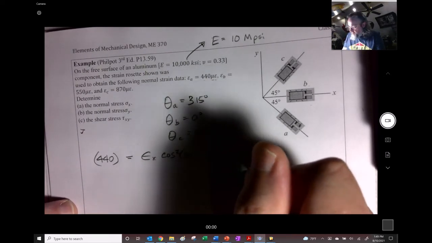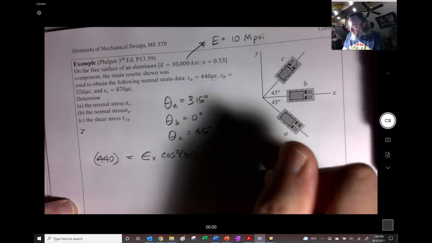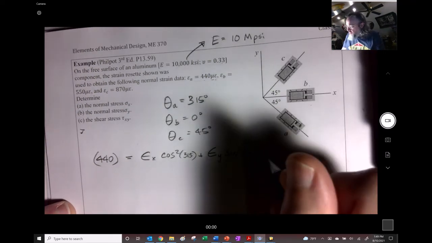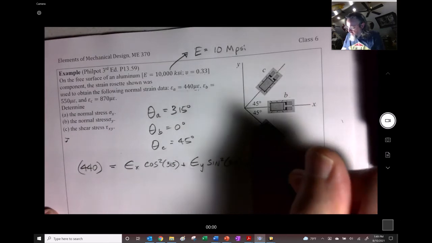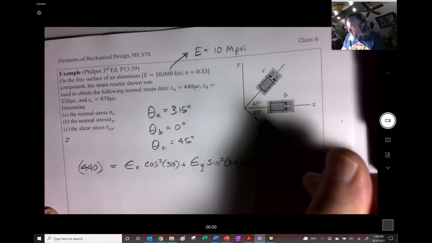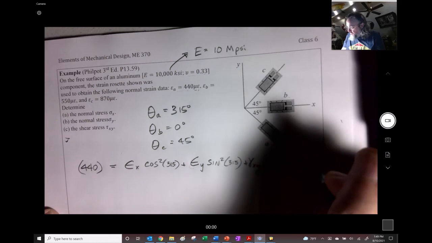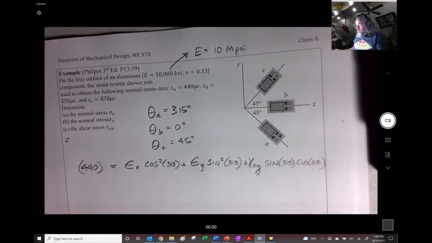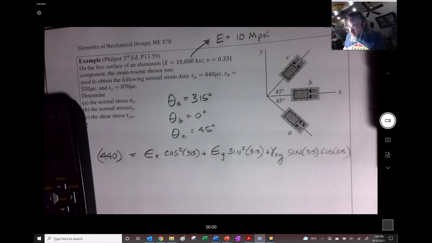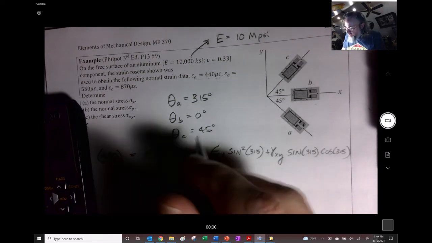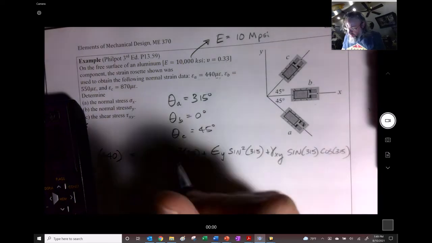Sine squared of 315. And I didn't leave a lot of room for this. Gamma xy, sine of 315, cosine of 315. And we could actually, let's see, 315 cosine squared is, this is 0.5.